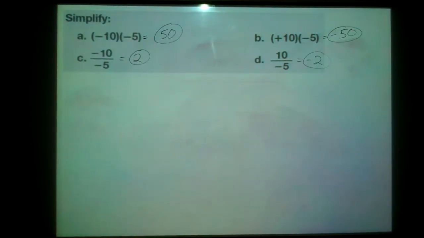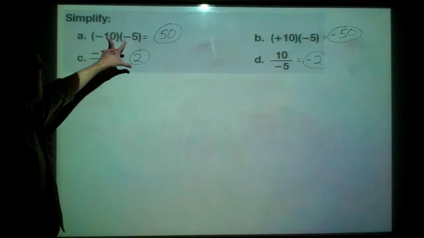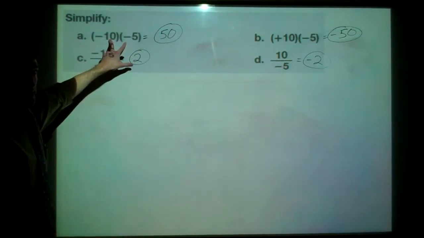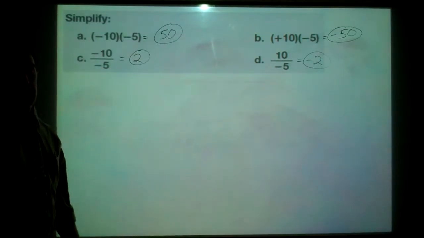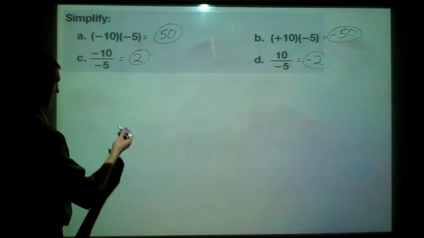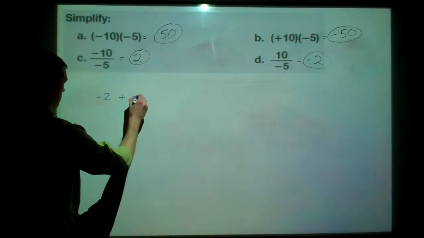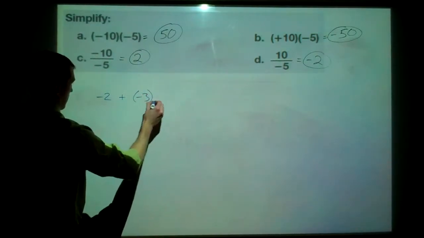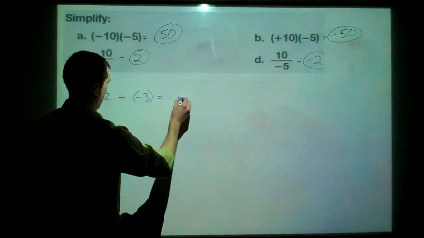Now, I want us to remember that when we get two negatives when we're multiplying, yes, we get a positive. Two negatives when we divide, yes, we get a positive. But two negatives doesn't always mean we get a positive when we think about adding. Remember, negative 2 plus negative 3 still resulted in a negative, negative 5.